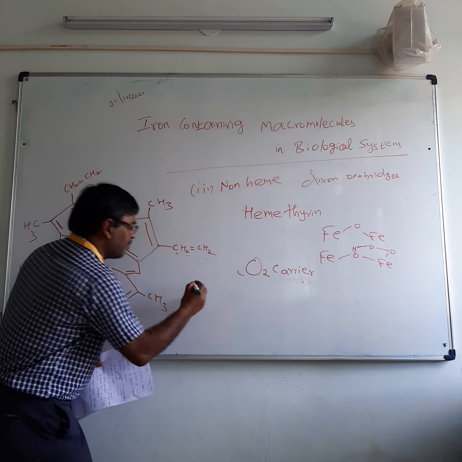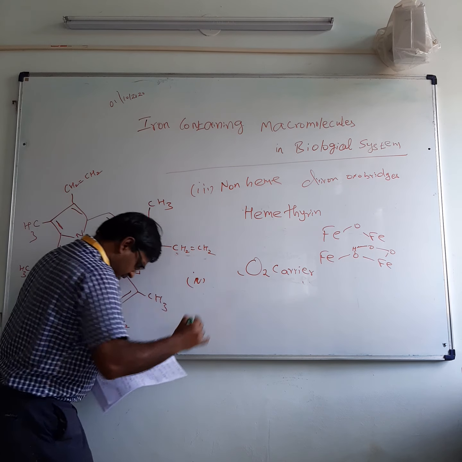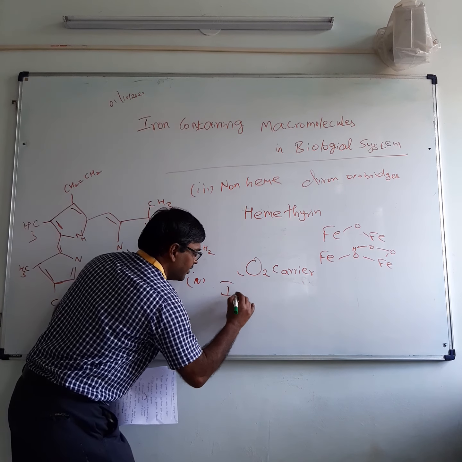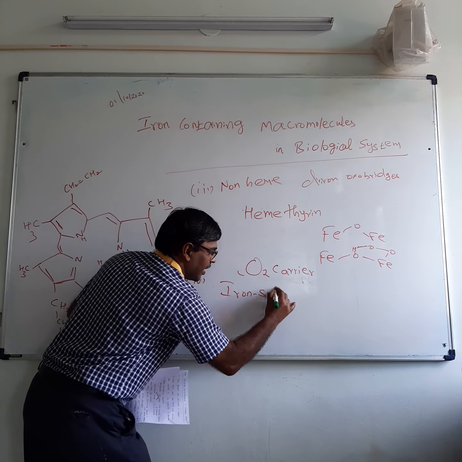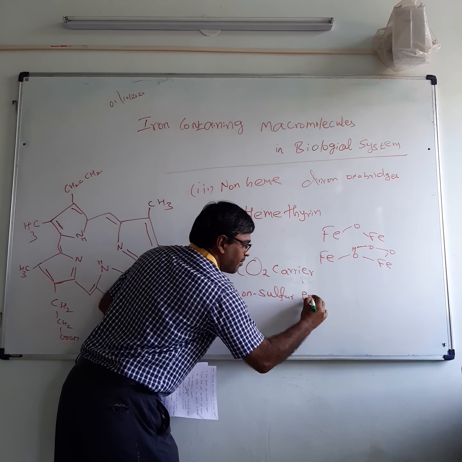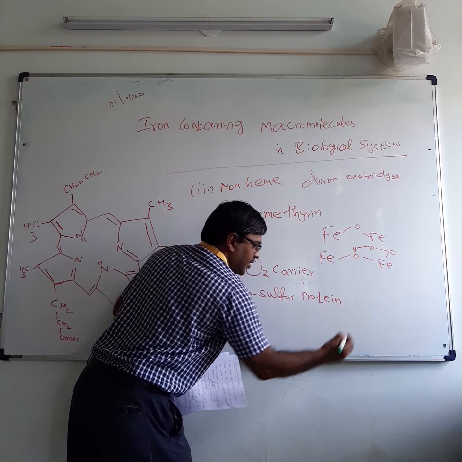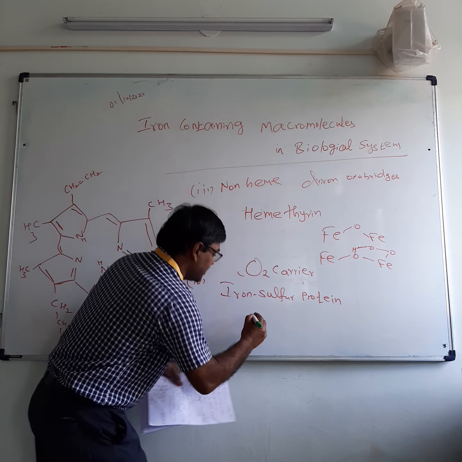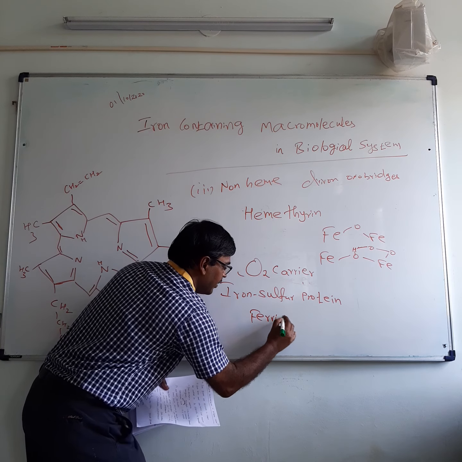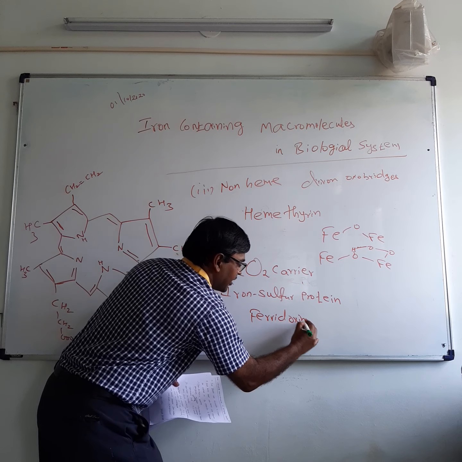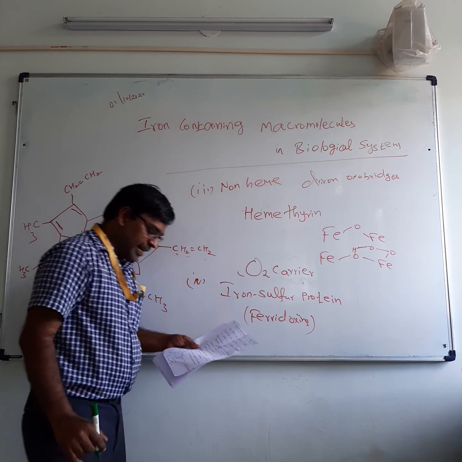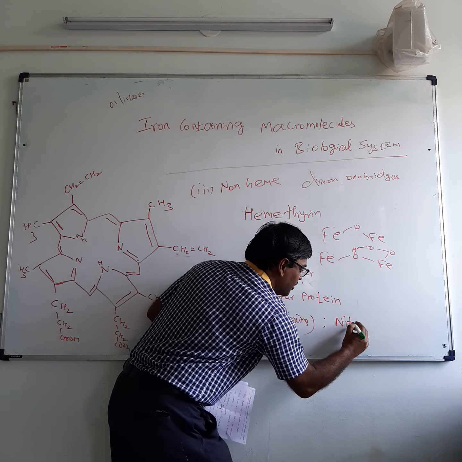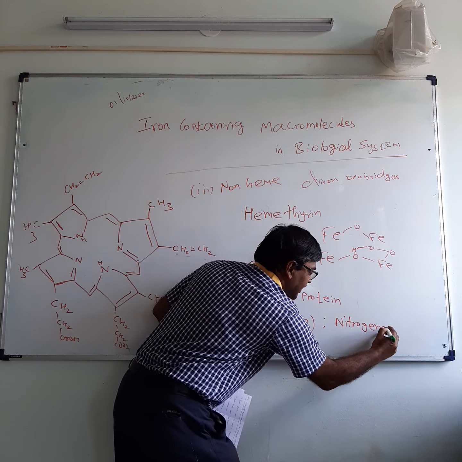Then another non-heme protein type is the iron sulfur proteins. The best example is ferredoxin, which we will talk about later, used for electron transfer in the nitrogenation reaction.